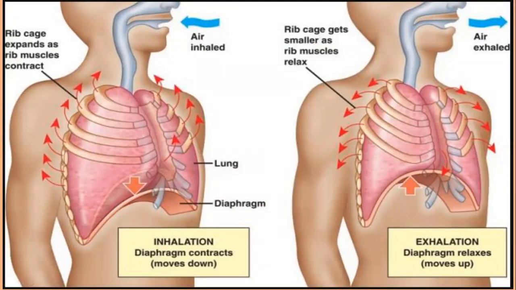Here the rib cage, air inhaled. The rib cage is smaller as rib muscles relax. Exhalation: diaphragm relaxes, moves up.